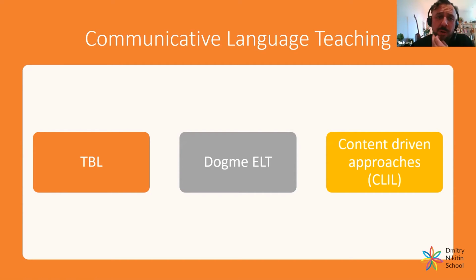And then there are other approaches like CLIL. I don't know if anyone teaches content and language integrated learning. So this is very much based on emergent language as well. There is language that we want to teach, which is called content obligatory language. There's content compatible language that we might want to teach.